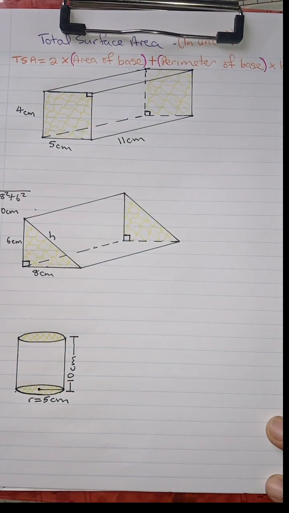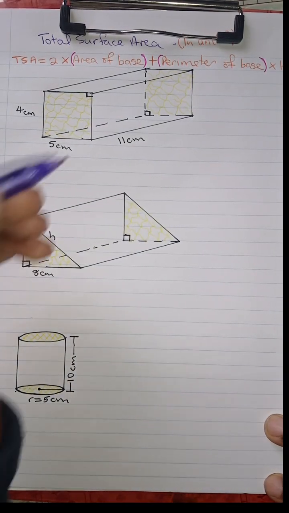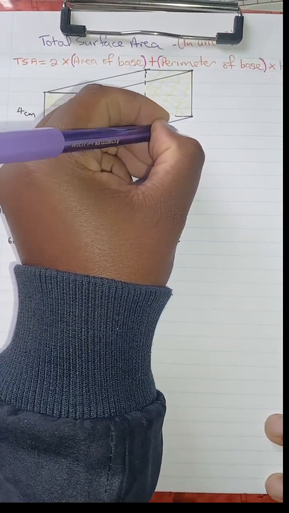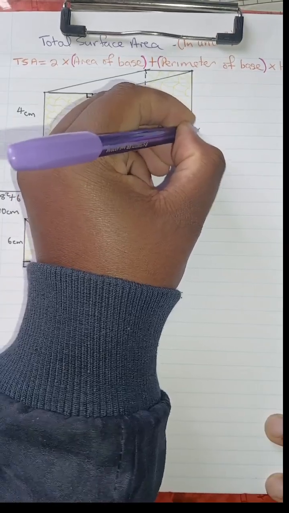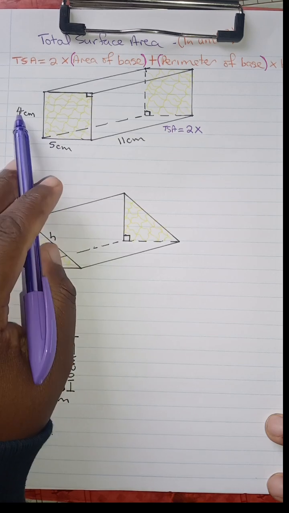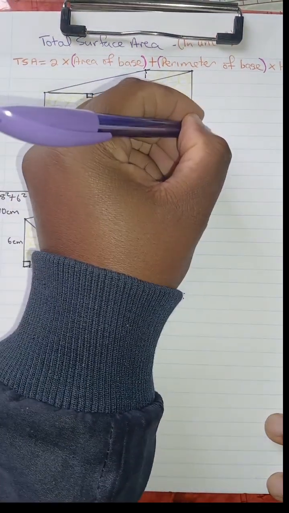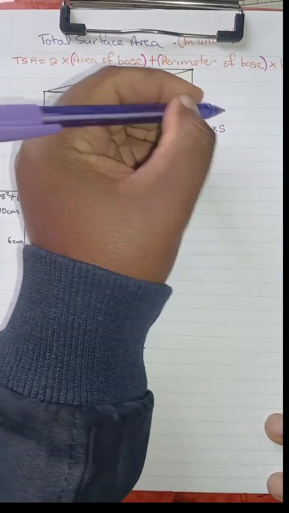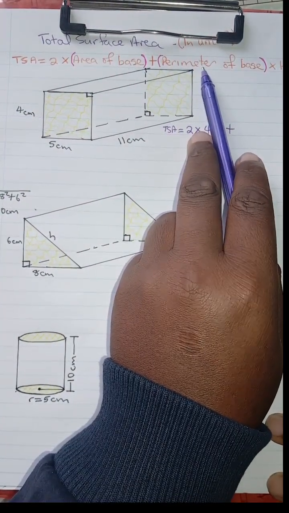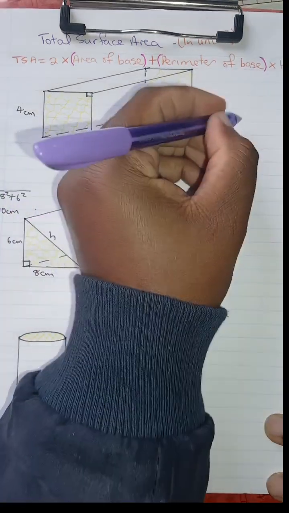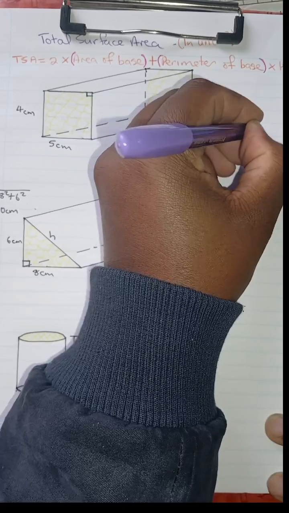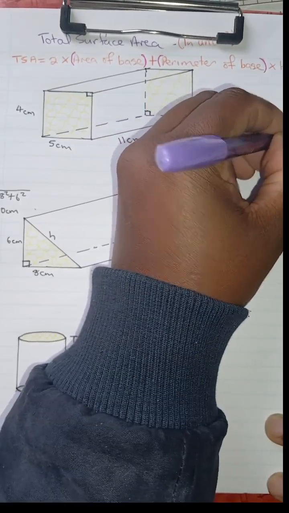Now substituting into that formula, TSA here is equal to 2 multiplied by our base here. Area of our base is length times breadth, that is 4 times 5, and then plus perimeter of that base, we are adding 4 plus 5 plus 4 plus 5.